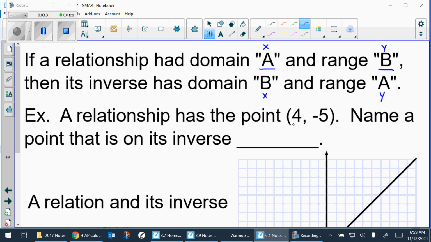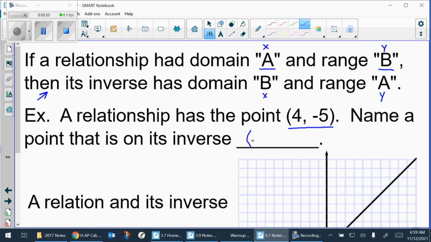So let's say a relationship has the point 4, -5. Name a point that's on the inverse. Well, according to what I've read up here, what I've got to do is I've got to switch the x and y. I've got to switch the domain and the range.